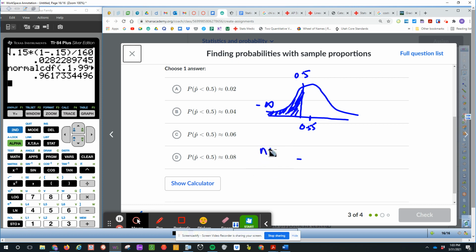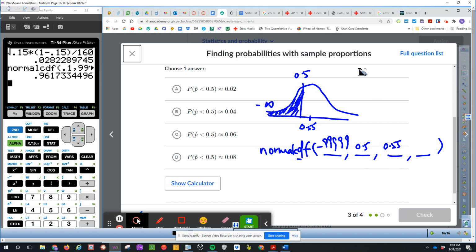So I have to go to normal CDF, right? And I need four things. I need my lower bound, which is negative 9999999. My upper bound, which is 0.5 here. I don't know my mean, right? Actually I do. My population mean is 0.55, population proportion.